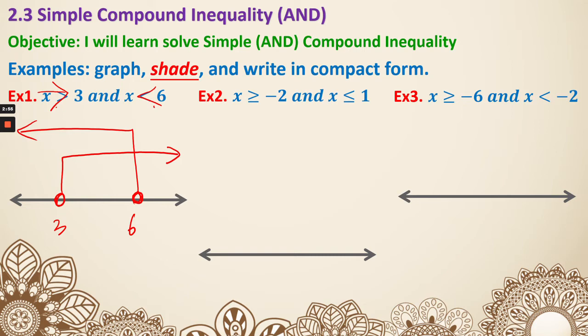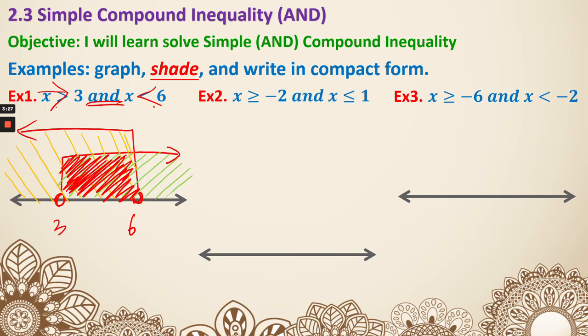Next, for x is greater than 3, we need any number that's greater than 3, so it's to the right of 3, that area. And for x is less than 6, we need anything that is to the left of 6, so I'm shading this area. And since this is a compound inequality and it's an intersection, the keyword is and, I'm going to need the section that's being shaded for both, so the middle part. Hence, that is the only part that's the actual solution.